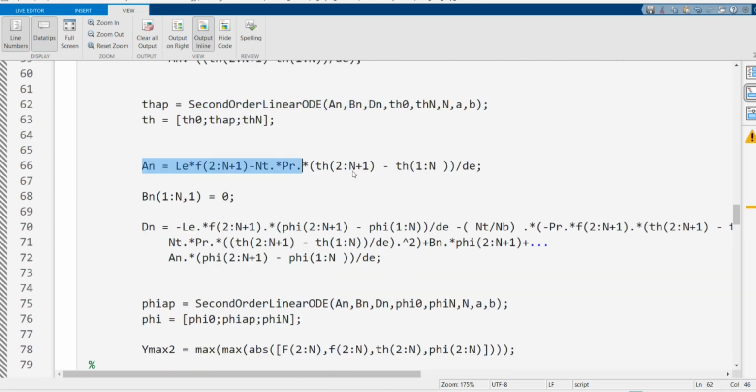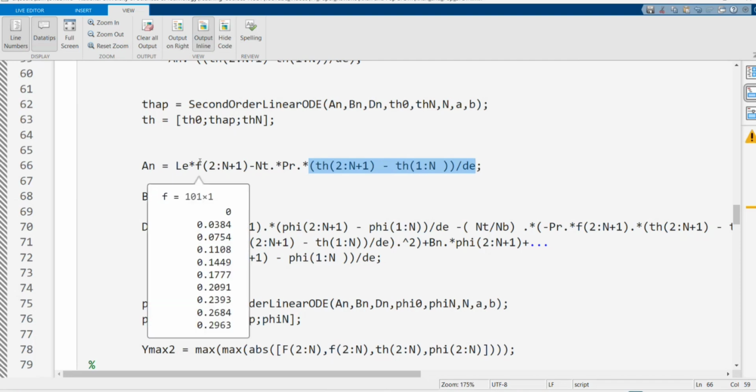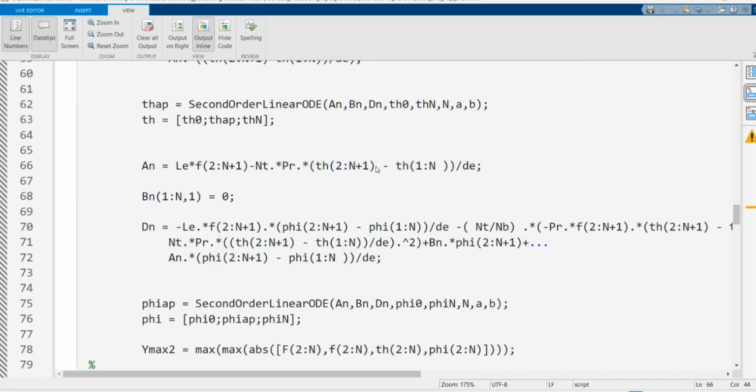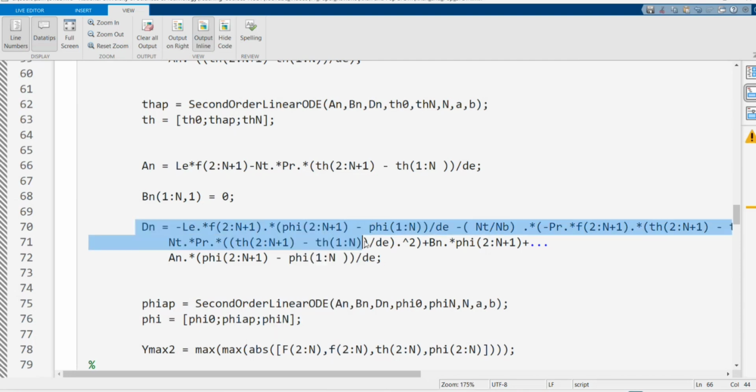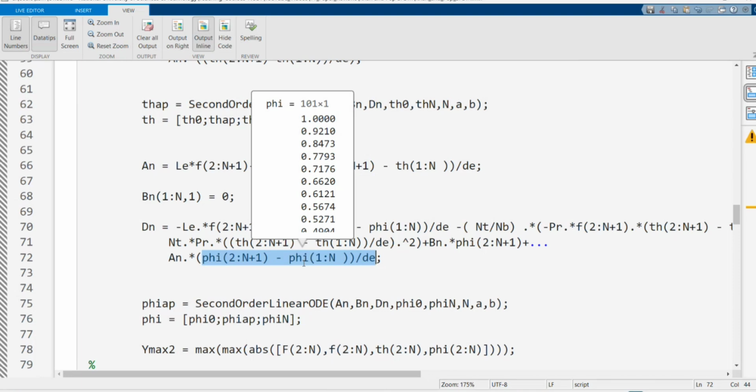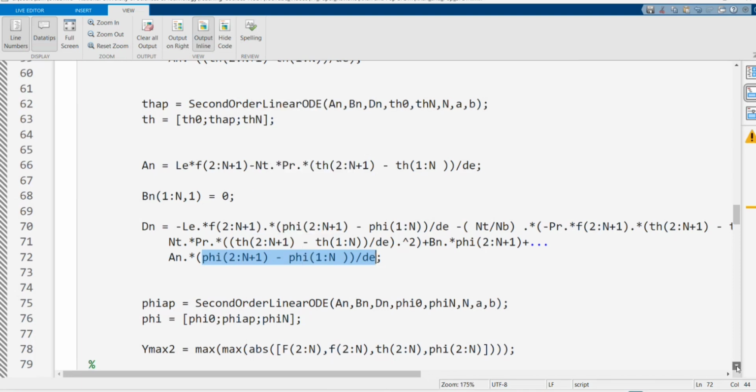Again, for phi, this is AN. Remember that whenever there is a derivative in AN or BN somewhere, you have to keep it as forward difference. Here we will use forward difference. Again, this is DN. Here you can see that there was this phi dash, and we used the forward difference over here.